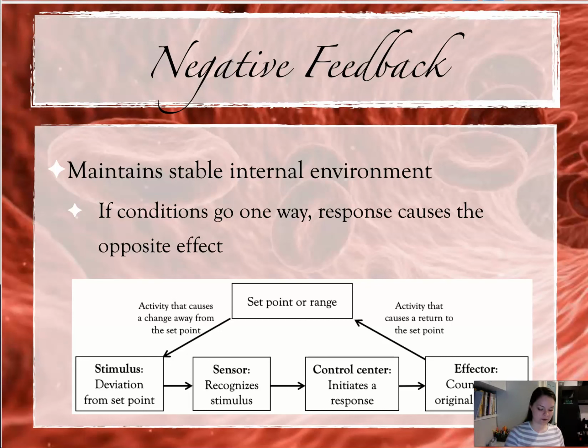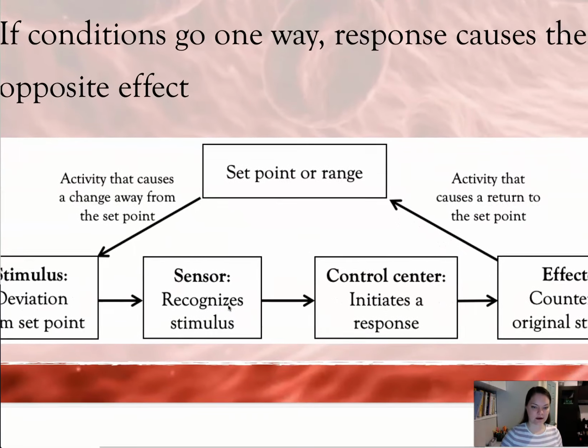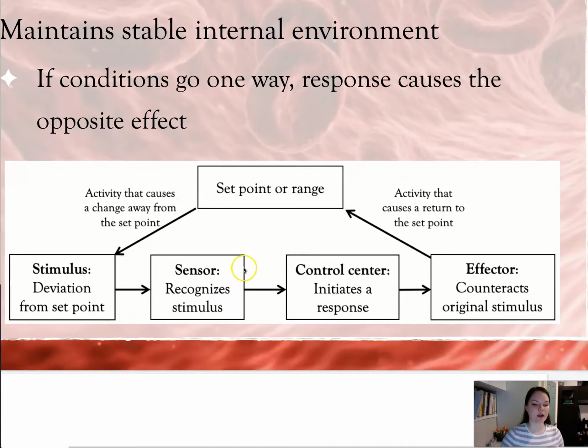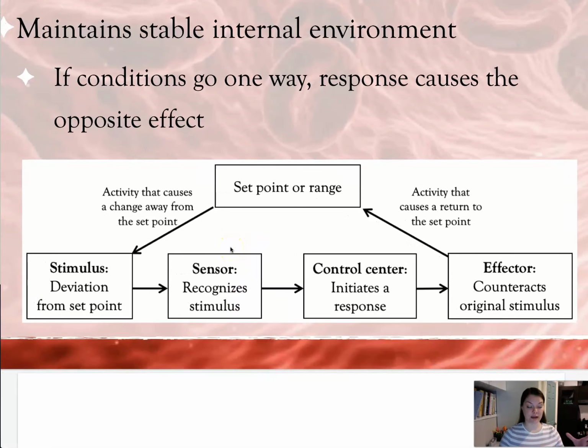Negative feedback is going to have a few key points involved. You've got this set point or this range, and some kind of activity is going to cause that condition to go out of the ideal. That's going to lead to some kind of stimulus, that change in the environment that has to be recognized. Your body can't just be like, okay, whatever, it exists.